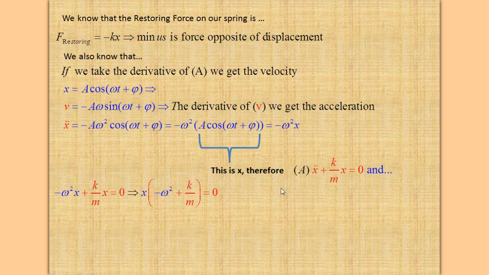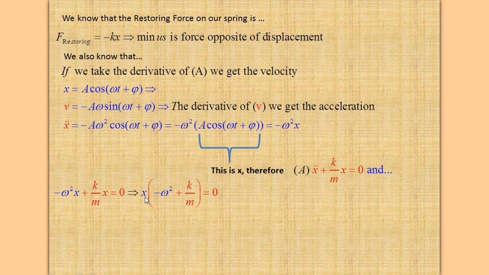Therefore, if we substitute x double dot equals minus omega squared times x in the equation, we get minus omega squared x plus k over m times x equals 0. And if we factor out x, we know that x times this quantity is equal to 0.